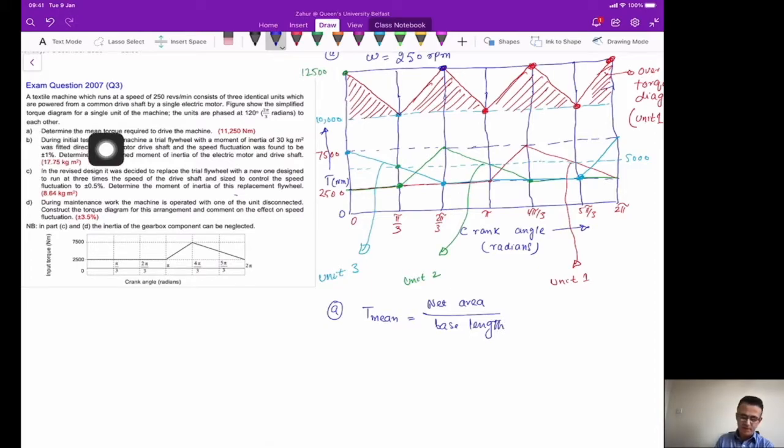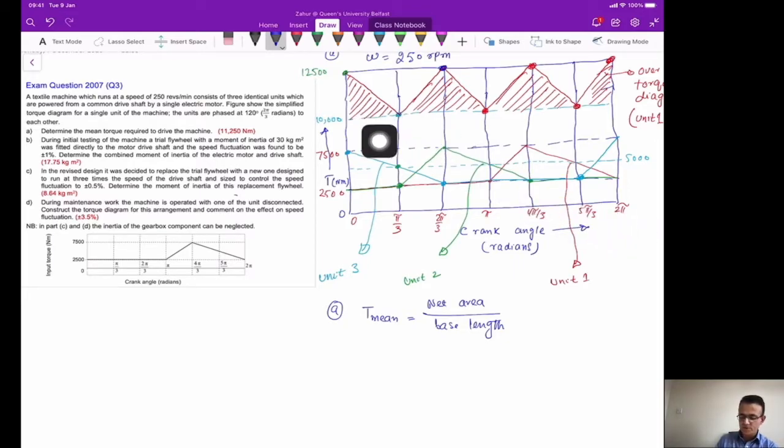In this case, you have 3 triangles, which is 2 this one, and then this one will make 1 triangle. So you can calculate the area of these 3 triangles, and then you divide by 2 pi, so you will get the mean torque.